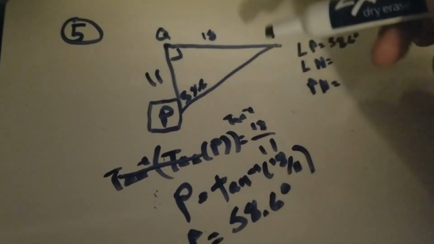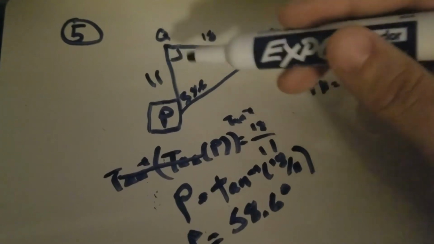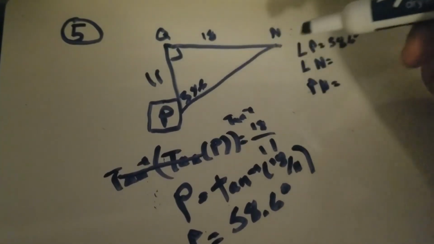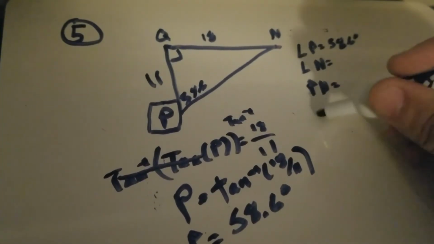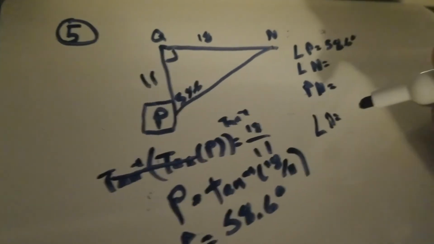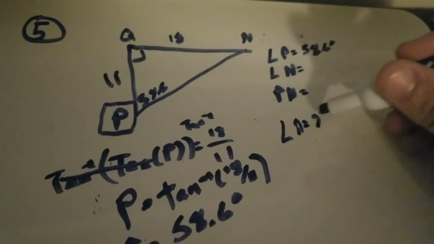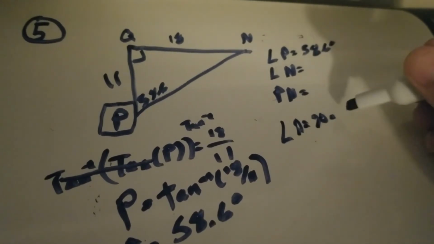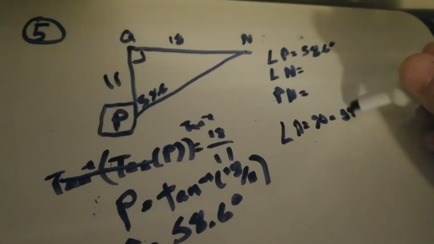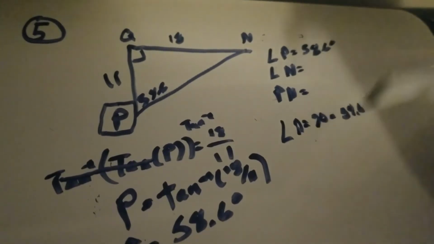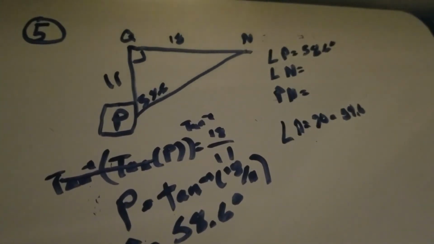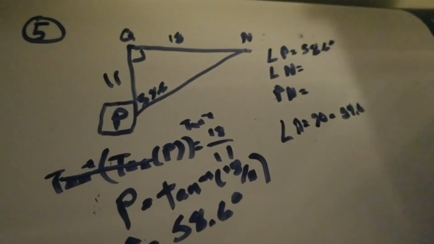this whole triangle adds up to 180. So if I know this is 90, I can know these two angles have to add up to 90. So for N, angle N is going to equal, and I'm going to use the shortcut I kind of mentioned last question, 90 minus 58.6, which is 31.4.